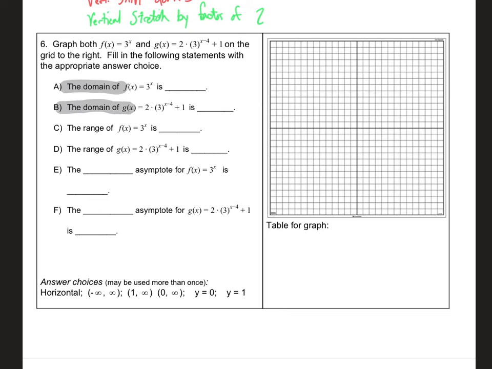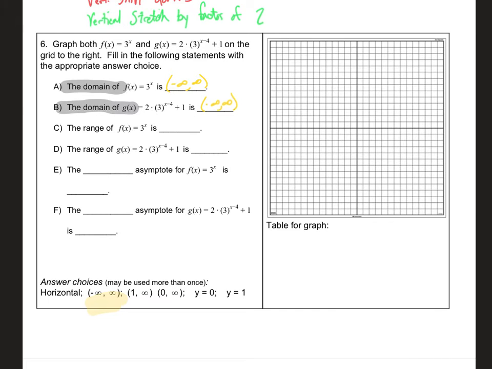So we are looking for the domain. Remember, the domain of any exponential function is all real numbers. So that's going to be our negative infinity to positive infinity, just like we see down there. Guys, there should be no complications here. We're not even dealing with logs yet. So if you're asked for a domain, it's from negative infinity to positive infinity.